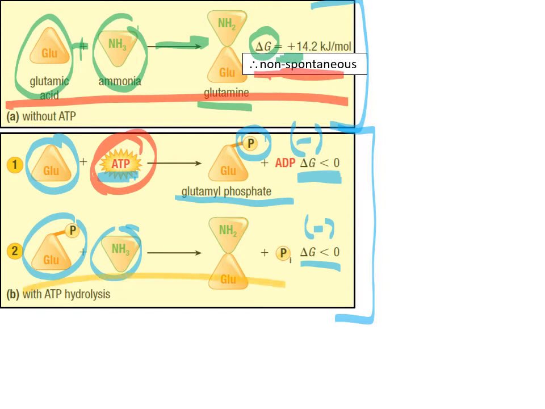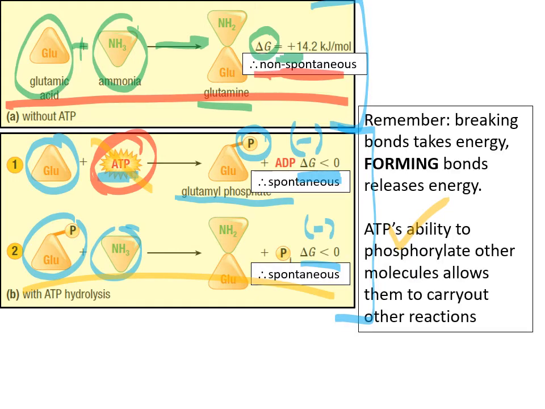But if you use ATP in this particular way, breaking the reaction up into two spontaneous steps by destroying ATP, you can then have a spontaneous reaction. So two spontaneous reactions will add up. And again, remember that the breaking of these bonds is going to take energy, but by forming the bonds, so breaking up the phosphate and then attaching it to this glutamic acid to make glutamyl phosphate, that overall ends up being a spontaneous reaction.